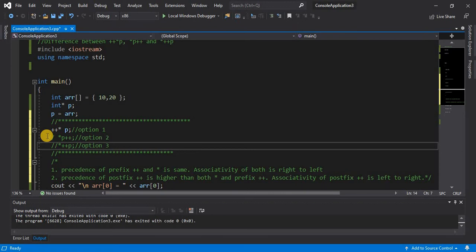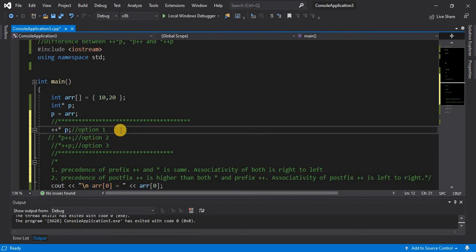So whom to execute first? Associativity comes into the picture when the precedences are the same. So associativity of both is right to left, so you need to consider operators from right to left. So this can be treated as ++(*p), because the associativity says right to left. So the right one will be associated with the pointer p and plus plus.